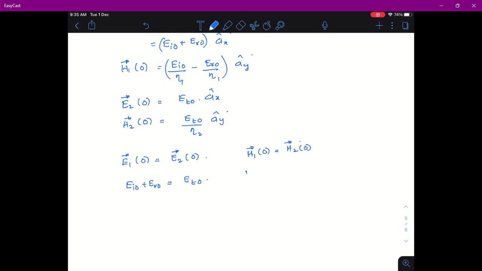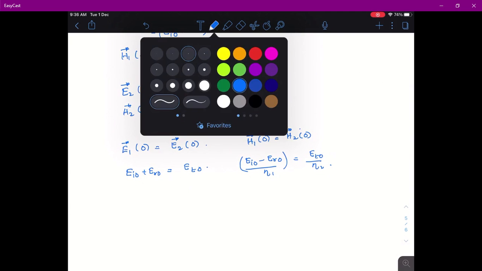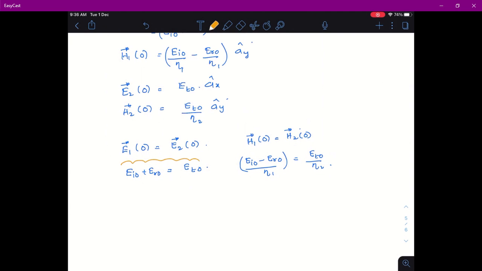So EI0 minus ER0 by eta 1 is equal to ET0 by eta 2. And these are two important equations which relate the magnitudes of incident, reflected and transmitted wave, magnitude of the electric field or corresponding magnetic field of reflected, transmitted and incident wave.